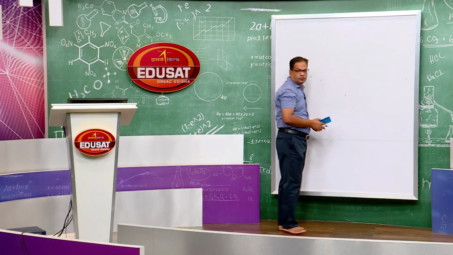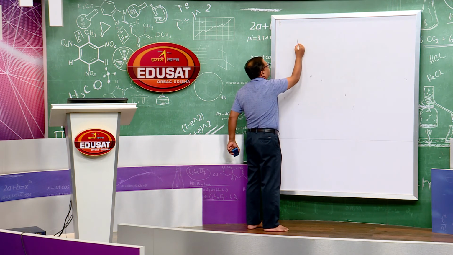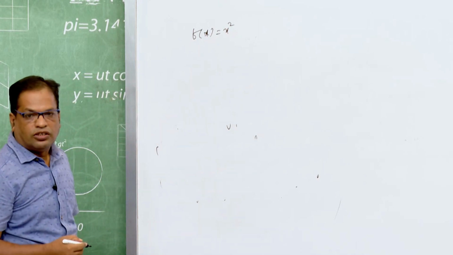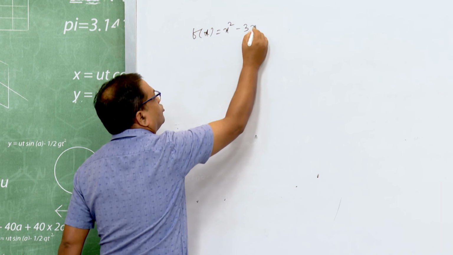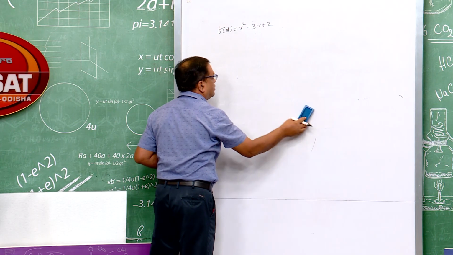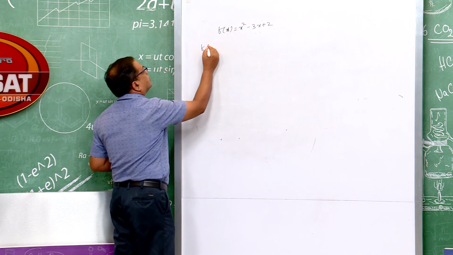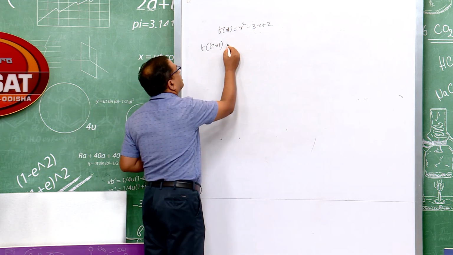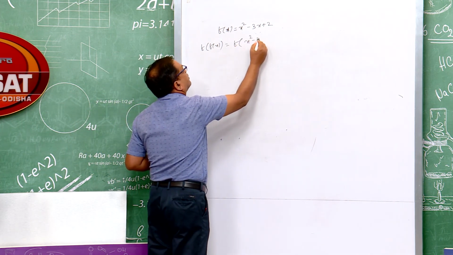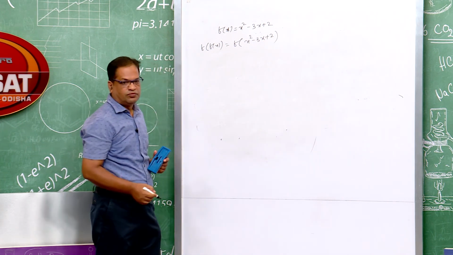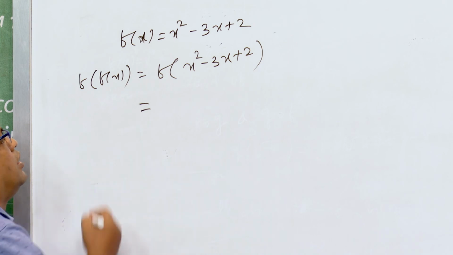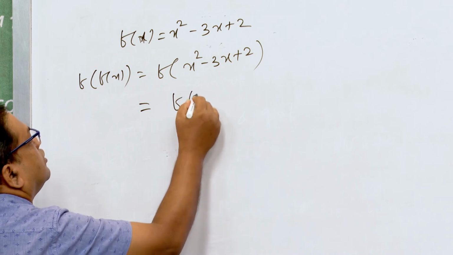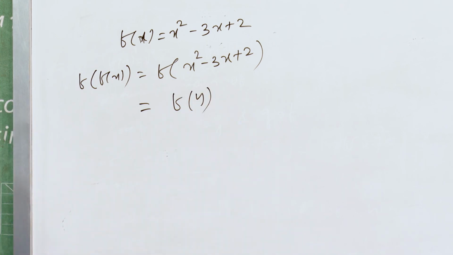f(x) is equal to x square minus 3x plus 2. We have to find f of f(x). How will we calculate this? Suppose this is y.